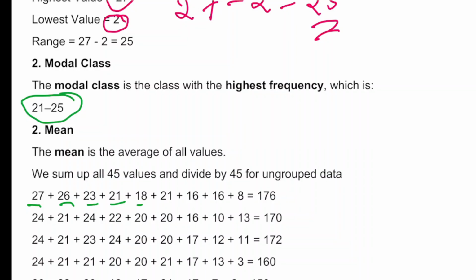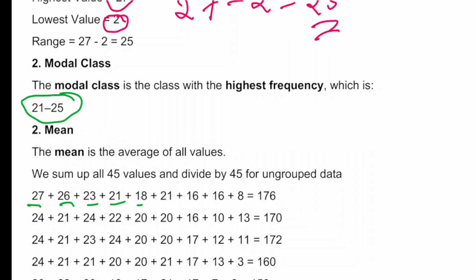Mean can also have two types, grouped data and ungrouped data. What I have done here is both the grouped and ungrouped data for the mean. So you add up from the first item of 27 up to the last one of 3.